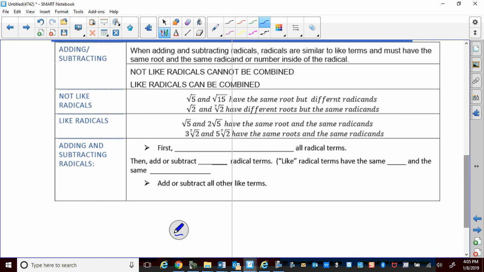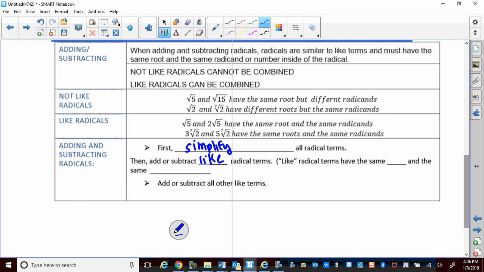Sorry, not first. The first thing we're going to do today is simplify all radical terms. Then we add or subtract like radicals.